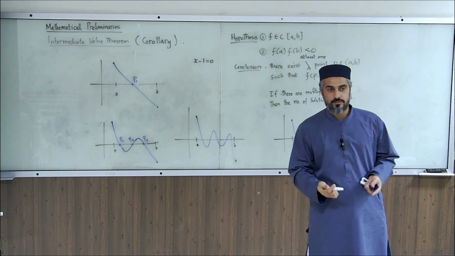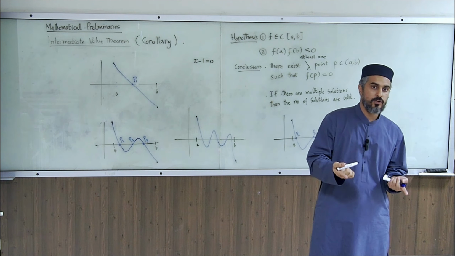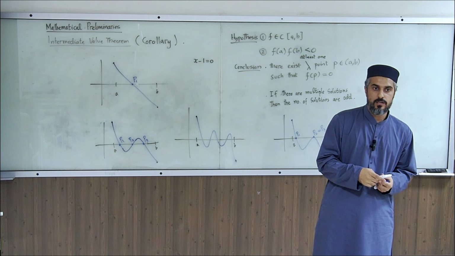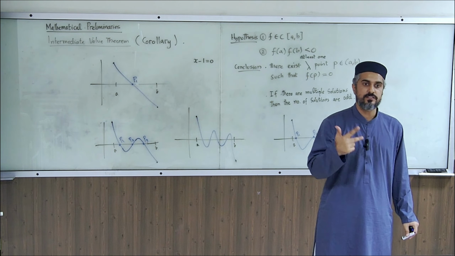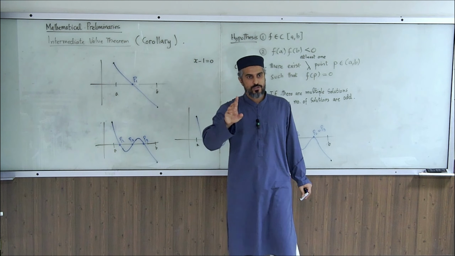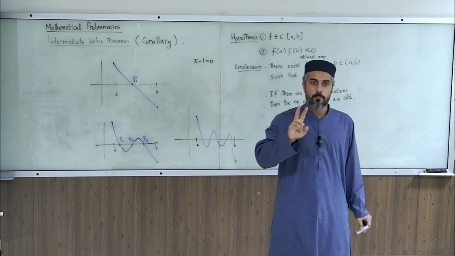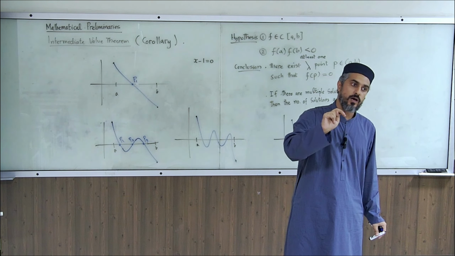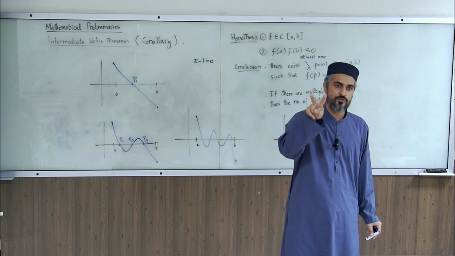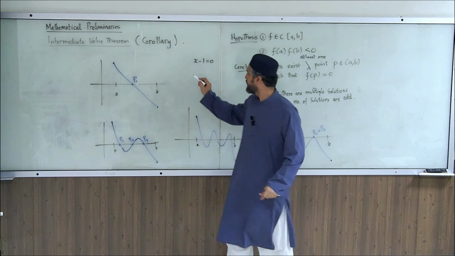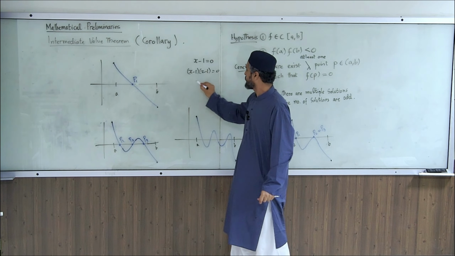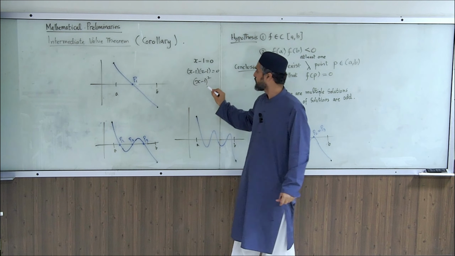And if I ask you to write a second degree polynomial in which 1 is a root and it has multiplicity 2, it means 1 is a repeated root. How many times? Multiplicity times, 2 times. So I have to write x minus 1, x minus 1. So this is x minus 1 whole square.